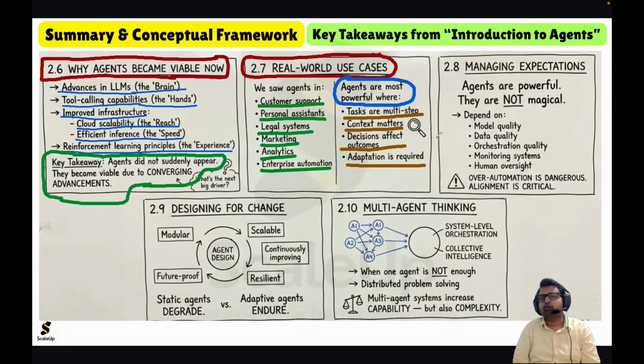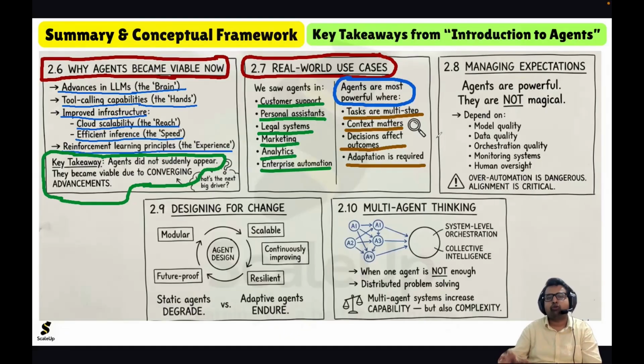We should go for an agent when adaptation is required, because there are many scenarios wherein brittle logic might work, wherein the fixed workflows, the hard coded logic, the rigid workflows, the hard coded set of instructions might work.